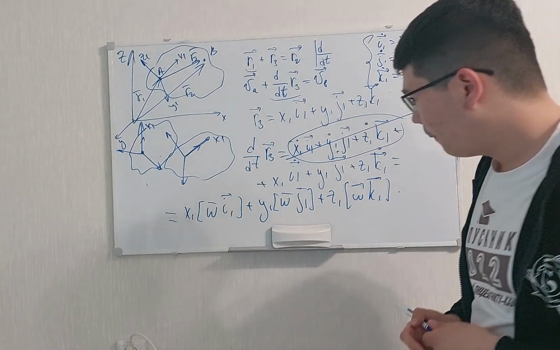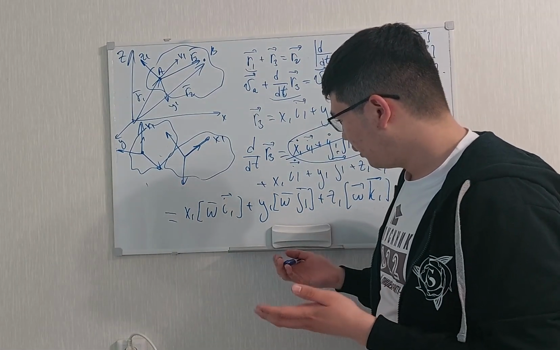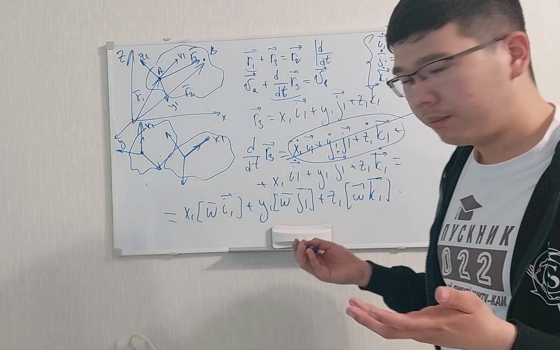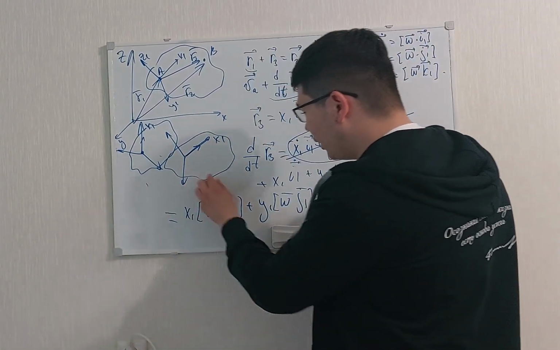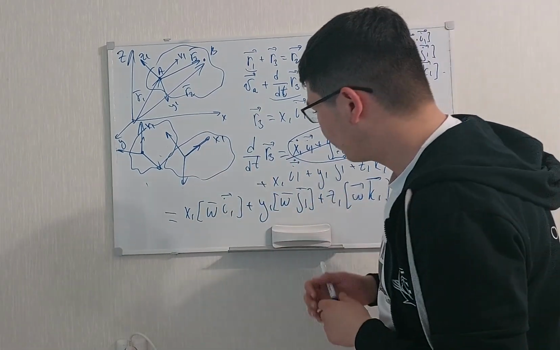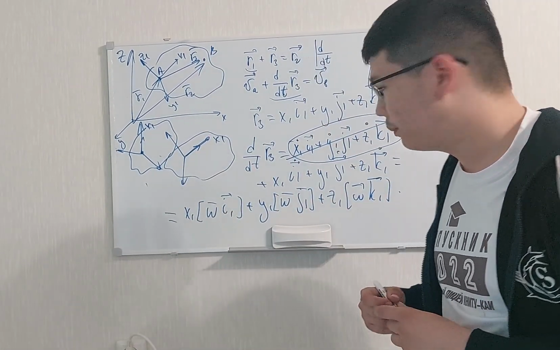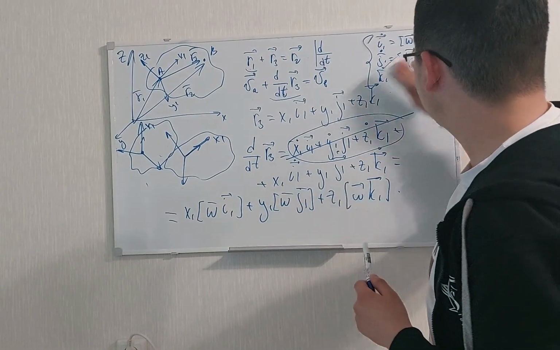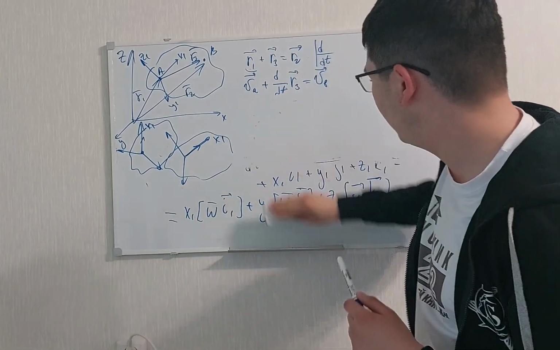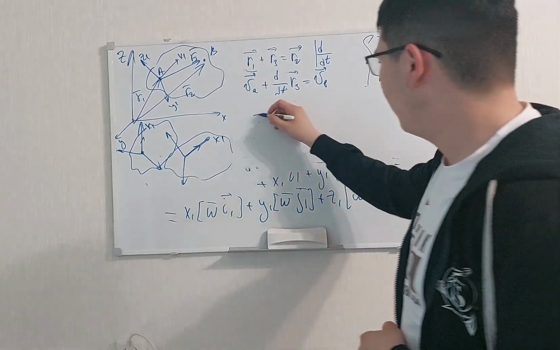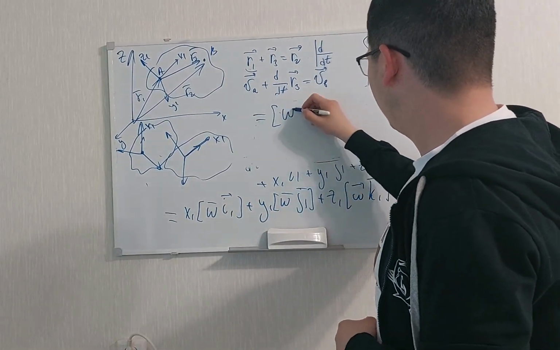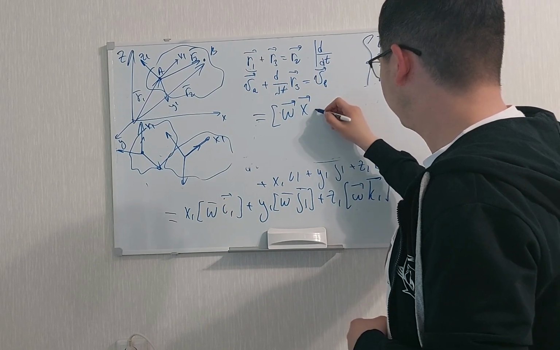Using the rules of vector multiplication, we can put these scalar values into the brackets of our vector multiplication, and in the result this whole expression will be equal to the following.